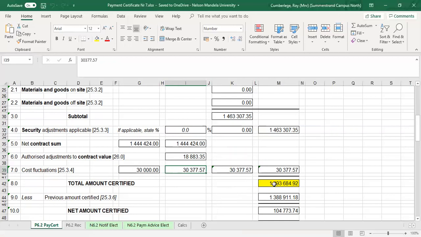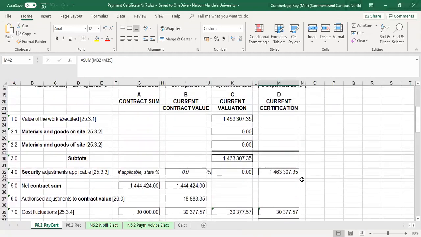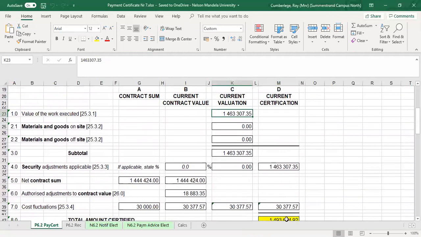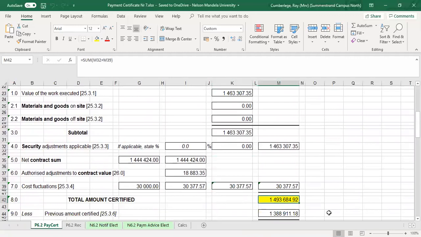Now again, the amount here of 1.493 is also a figure just before the VAT on your final account summary page. So basically the figures we are talking about, the 1.46, the 30,000 rand and the 1.49, the total certified, you'll find on the final account summary page. Remember, the 30,000 was the final escalation calculation which we did previously.